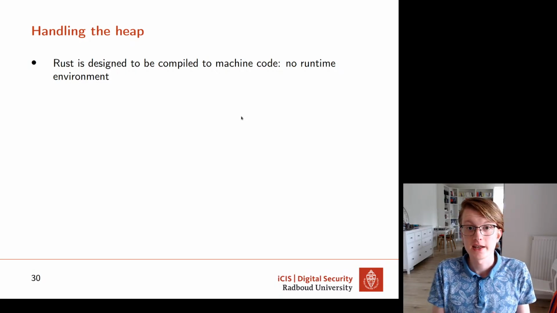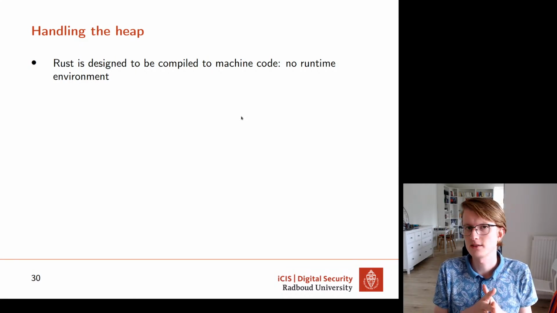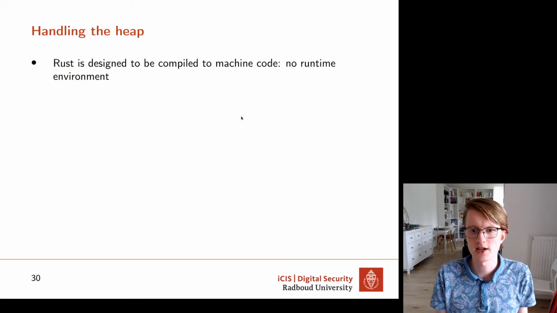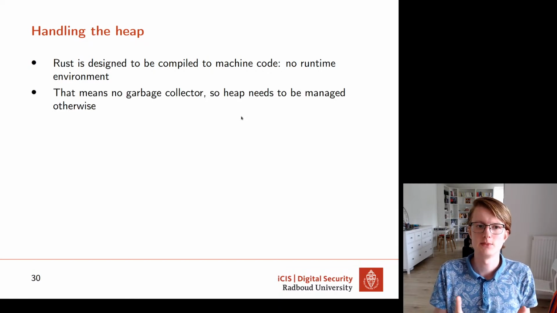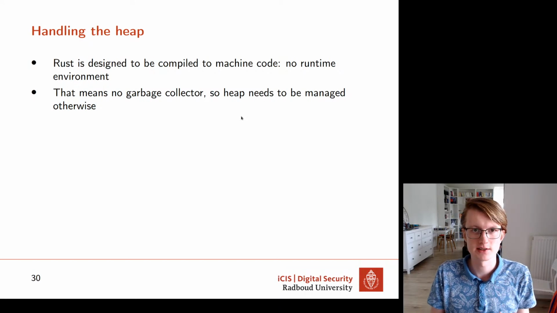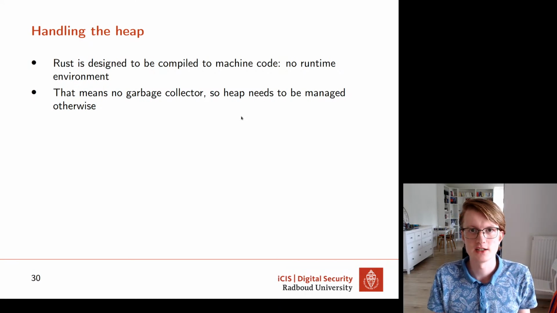Rust is designed, like C, to be compiled to machine code. That means that unlike in Java, there's no runtime environment, no garbage collector, so you need to manage the heap in some other way. You want to be able to not only allocate things, but they need to be freed at some point, because otherwise you get all of these memory leak issues that we saw.